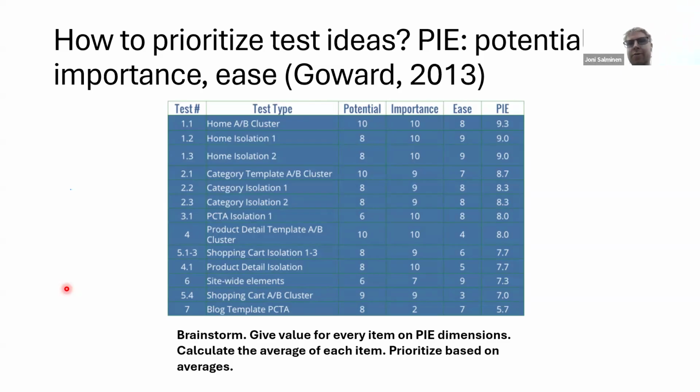Basically, that's our opinion of a ranking. So that kind of test should be done first because it has the highest potential improvement, and it's relatively easy to incorporate. So that's what this composite score will tell you.